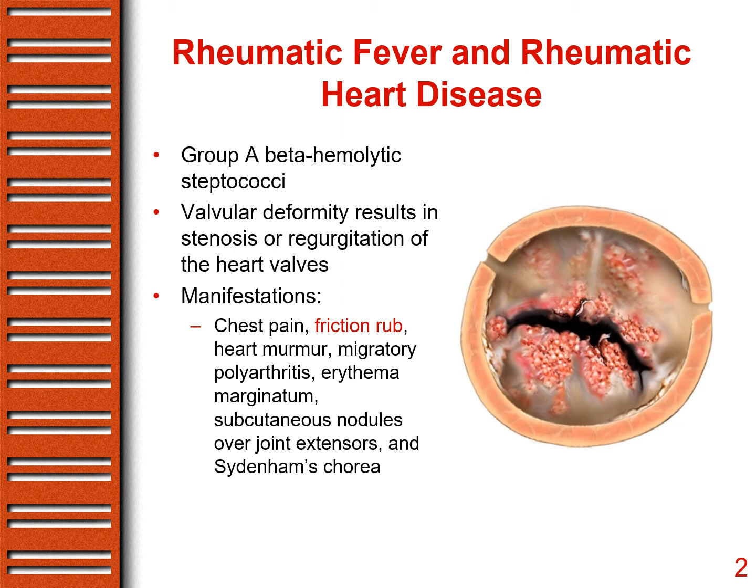Obviously, by looking at this picture, you can see that the leaflets of the valves cannot close properly, so we can have heart murmurs occur. This patient may also experience migratory polyarthritis. Other things are peripheral manifestations as well, and we will talk about some of those in future slides in this presentation.